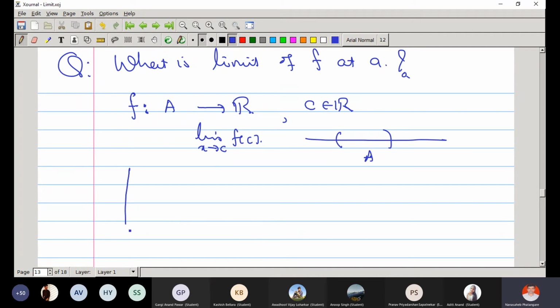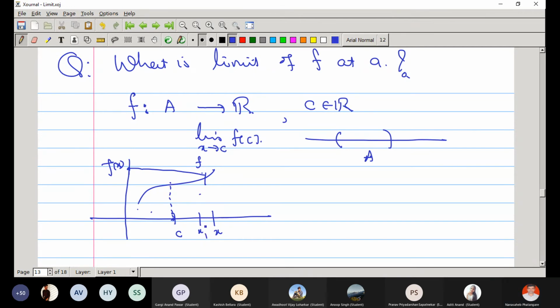Right. So okay. So this is my point C, and this is my graph of the function. And now I want to discuss the limit. That means, so x is here, then f of x is here, the corresponding value on the y axis, right? Suppose x is closer, then where is f of x1?